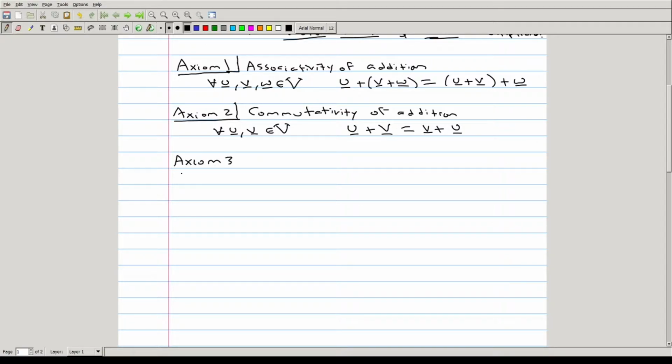Axiom 3 of the vector space is sometimes called the identity axiom, or the existence of an identity element axiom.